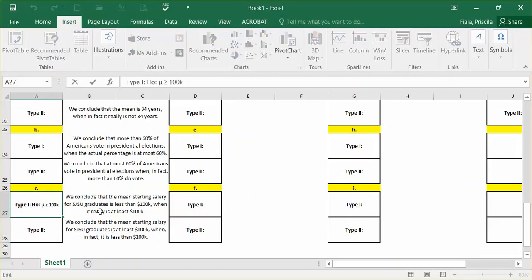Therefore, your alternative hypothesis, let me just copy here to see if it makes it faster.